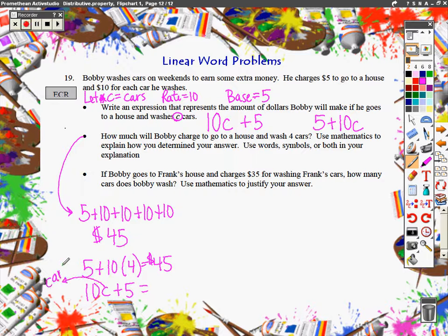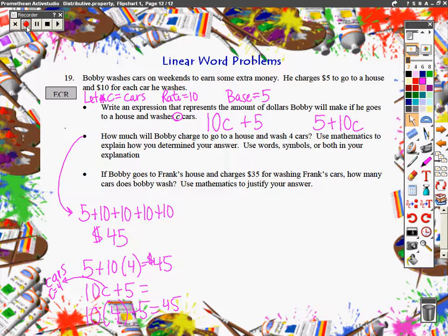It's the cars. And he tells you how many cars? 4 cars. So C is equal to 4. So where my C is, and I'm going to squeeze it in at the bottom, 10 times 4 plus 5 equals 45. Any way is okay to do this problem. I just want to make sure you have a method for getting the right answer.